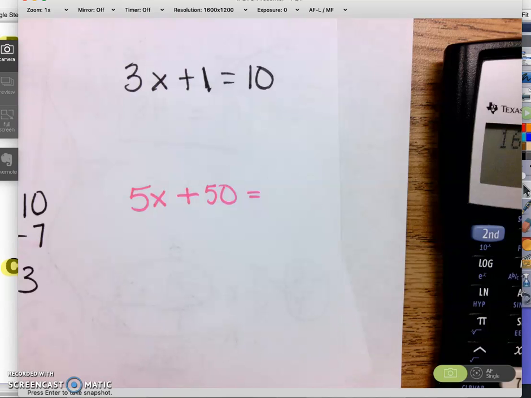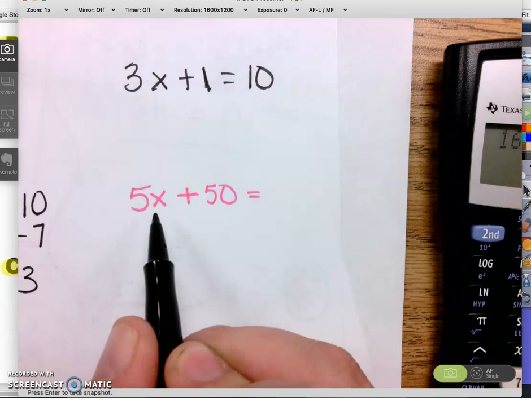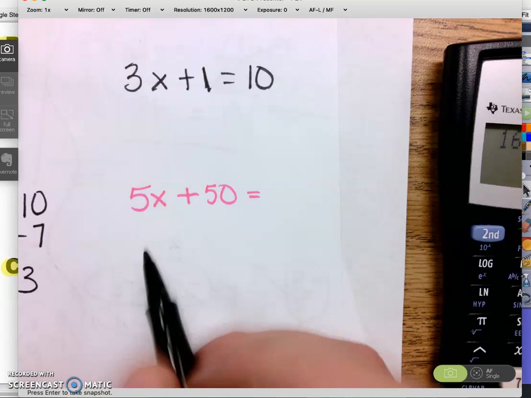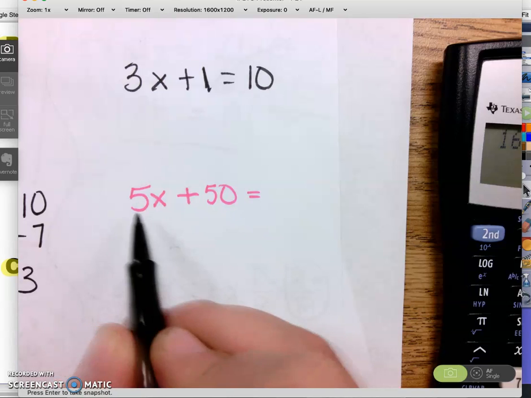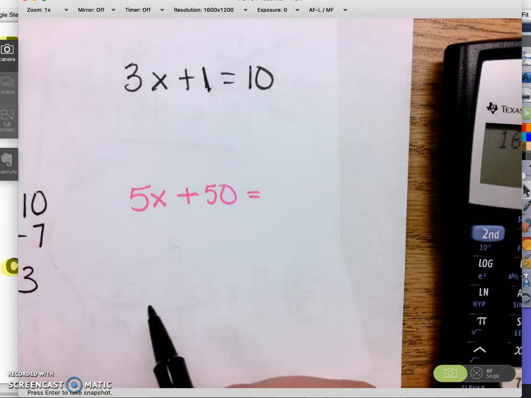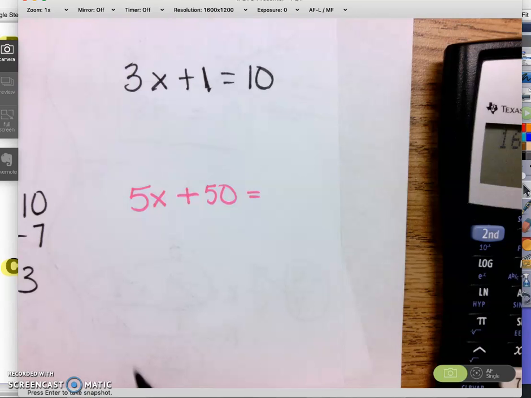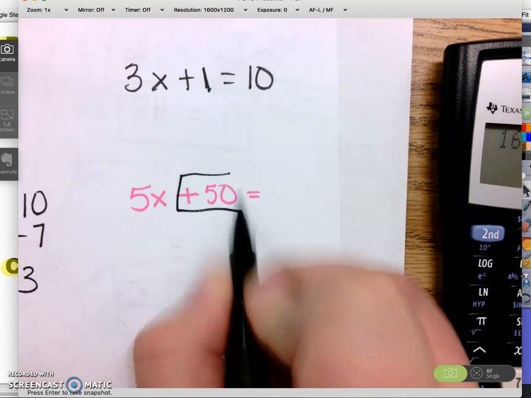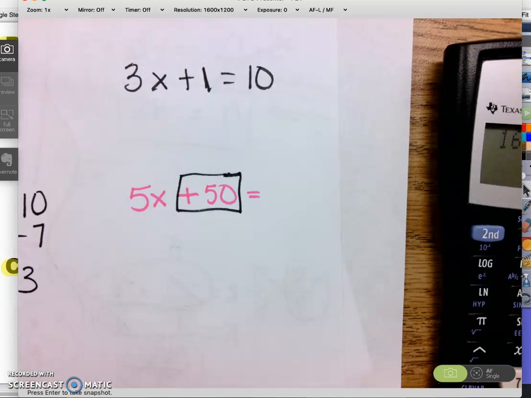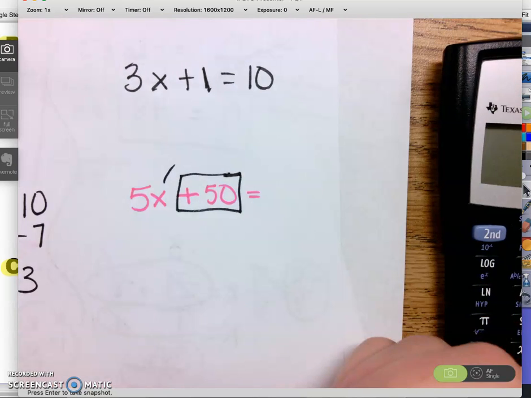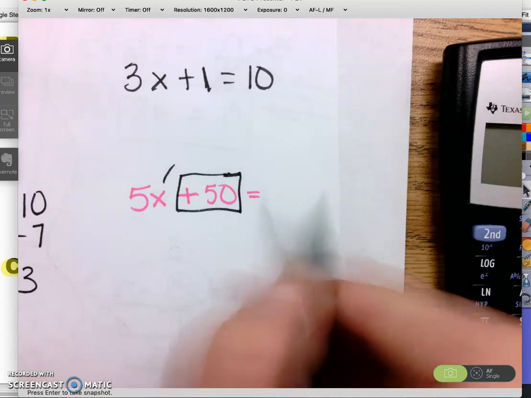So my x is going to represent the movies that I download, and I'm going to multiply it by 5, and then I will always be adding that 50. Okay, what is constant? Every month I have a constant payment of what? $50. That is going to be my constant. The number that will vary is the number of movies I get. So that's why it's my variable. It will vary depending on how much my total bill is.